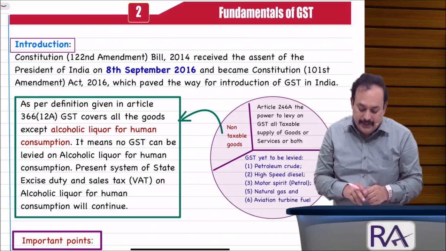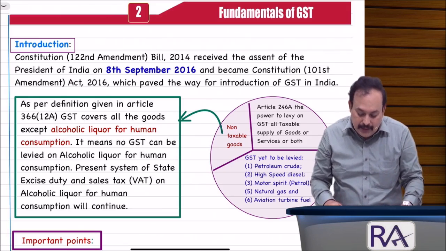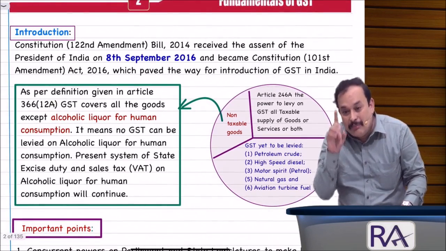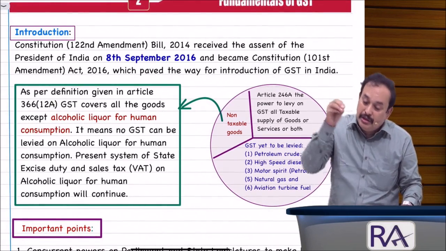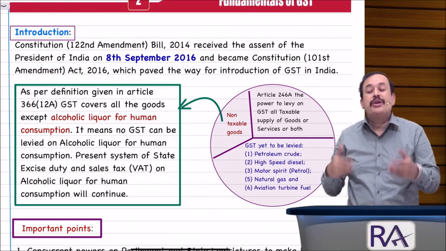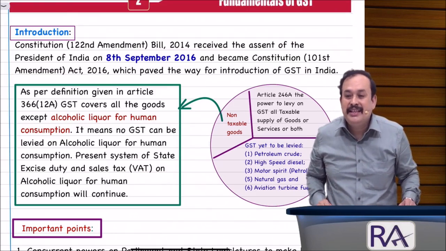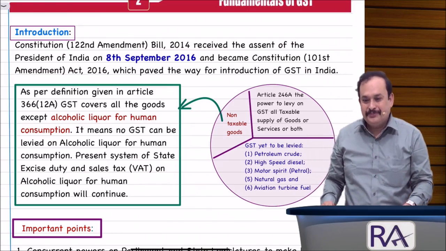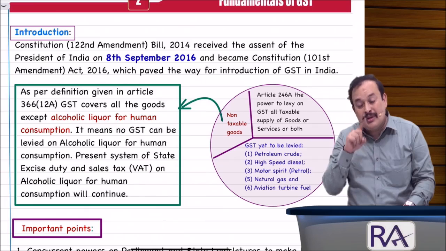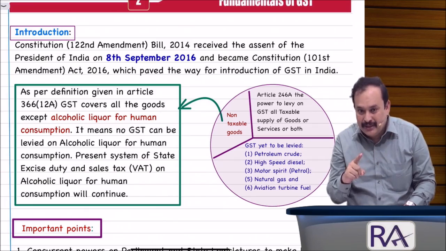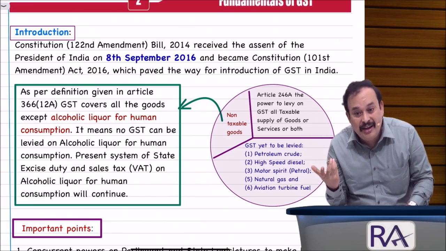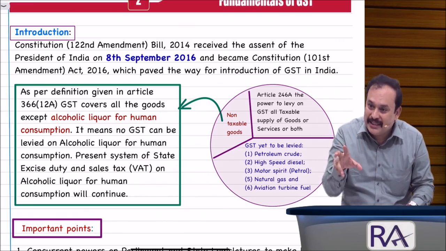Followed by further, the 101st Amendment took place in the Constitution, which paved the way to introduce the GST law in India. The bill is the 122nd Amendment Bill 2014, which got the assent of the President of India on 8th September 2016.